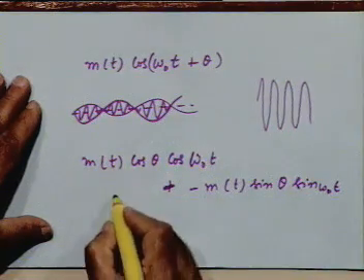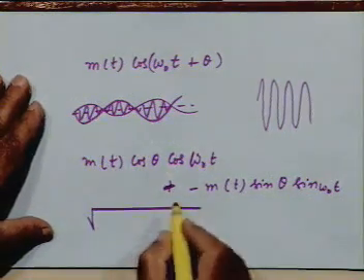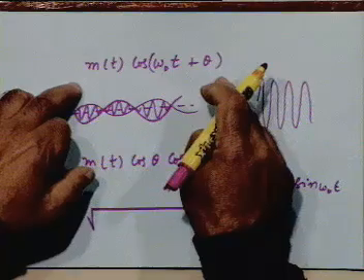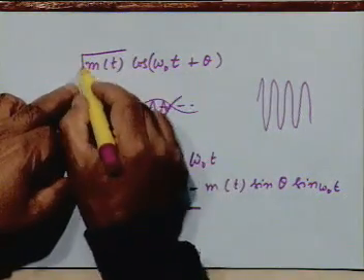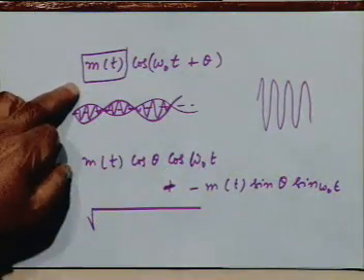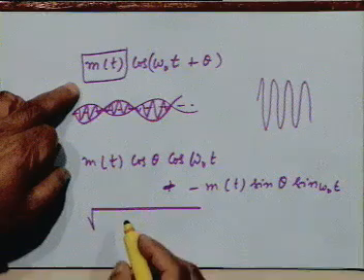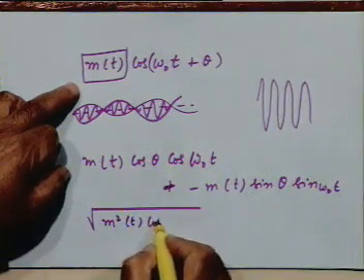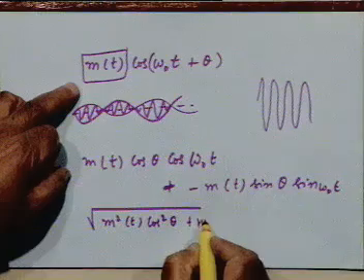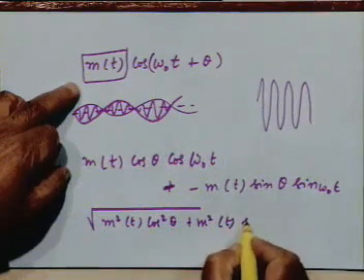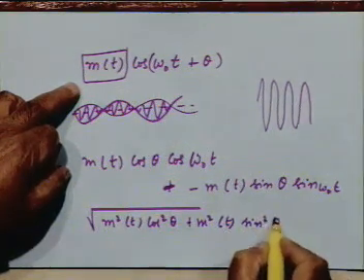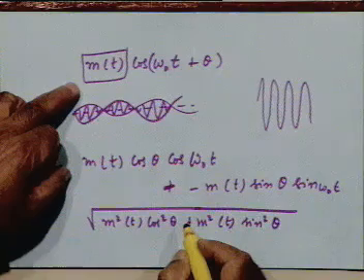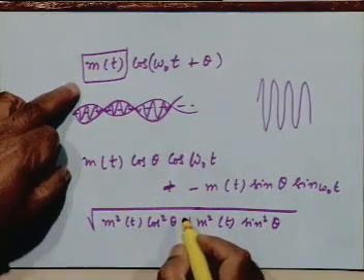If I want to go from here to here, this always has to be a positive quantity, right? And what will this be equal to? It will be the square root of m squared t cosine squared theta plus m squared t sine squared theta. This is simple trigonometry for you, right? Simple trigonometry.